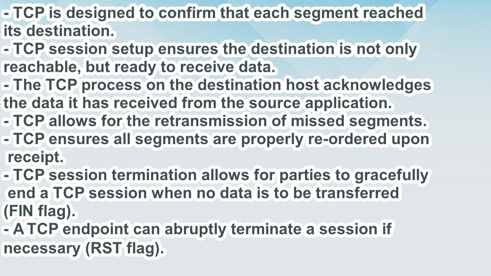TCP allows for the retransmission of missed segments. TCP ensures all segments are properly reordered upon receipt. TCP session termination allows parties to gracefully end a TCP session when no data is to be transferred, using the FIN flag. A TCP endpoint can abruptly terminate a session if necessary, using the RST flag.